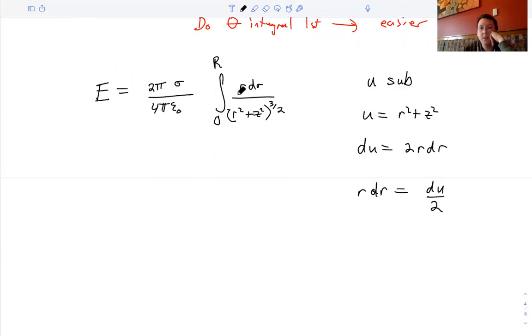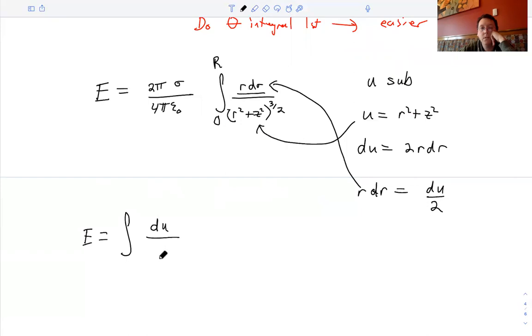So look, this bit is the same as that, and this bit is in there. So we get that the electric field is the integral of du over u to the 3 halves power.